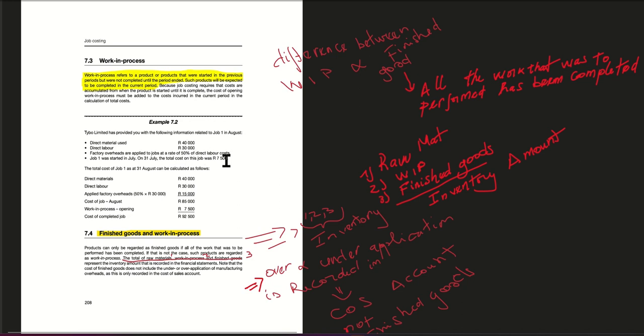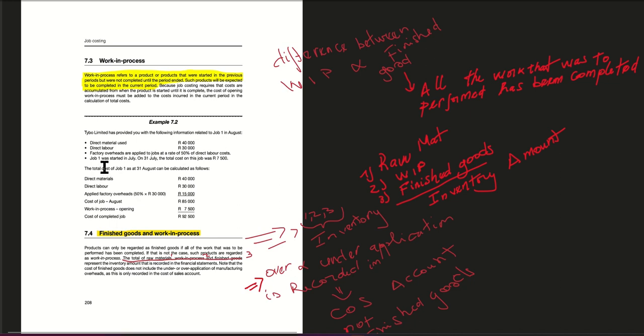Again, here they are using the direct labor cost as the basis for applying the overhead. It's 15%. We did calculate it previously. 15% of the direct labor cost.